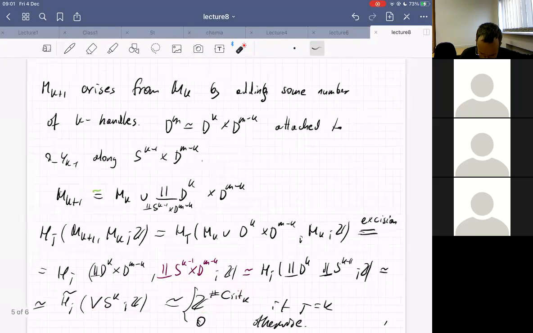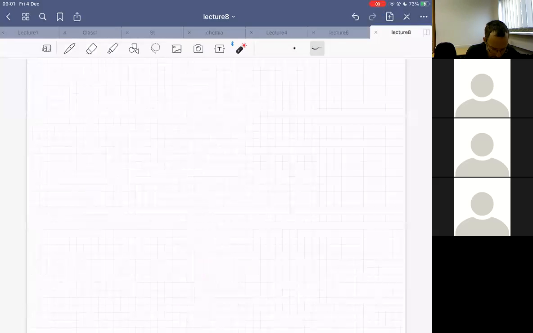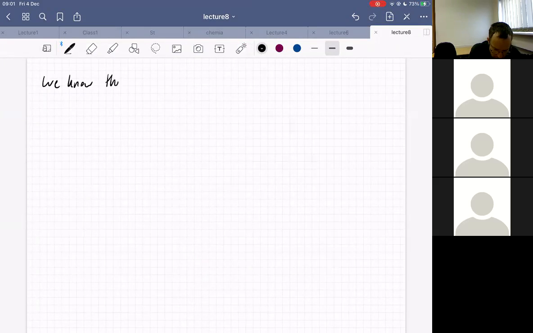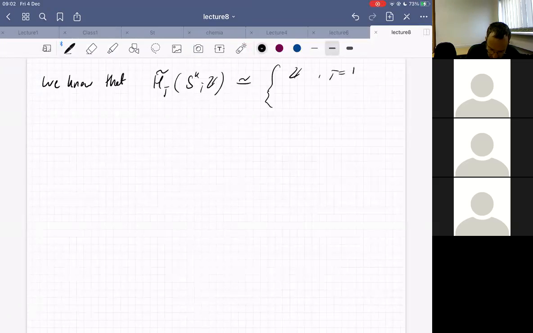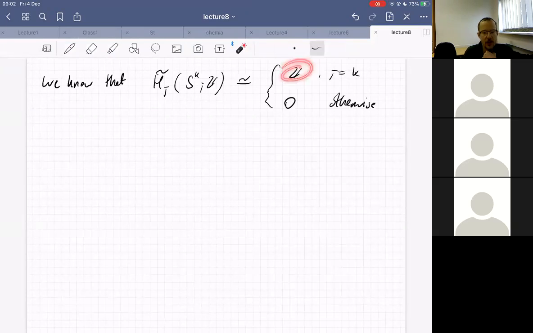Maybe I should add here, we know that H_j of S^k with Z is Z if j is k, 0 otherwise, or reduced. But we have an automorphism of Z. We can map the generator to +1 or -1.